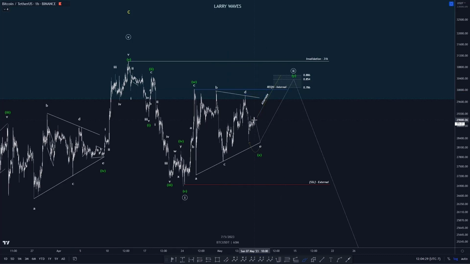But if it comes back down here, we're just going to expect this trend line to be respected. This is what I would like to see. I think this would be a pretty quick E leg. We could force it, but I don't like forcing that, and I think it's better structure to have it like this. But as an alternative, we're aware that it could pop up right here, and we'd have to move our E leg over here.